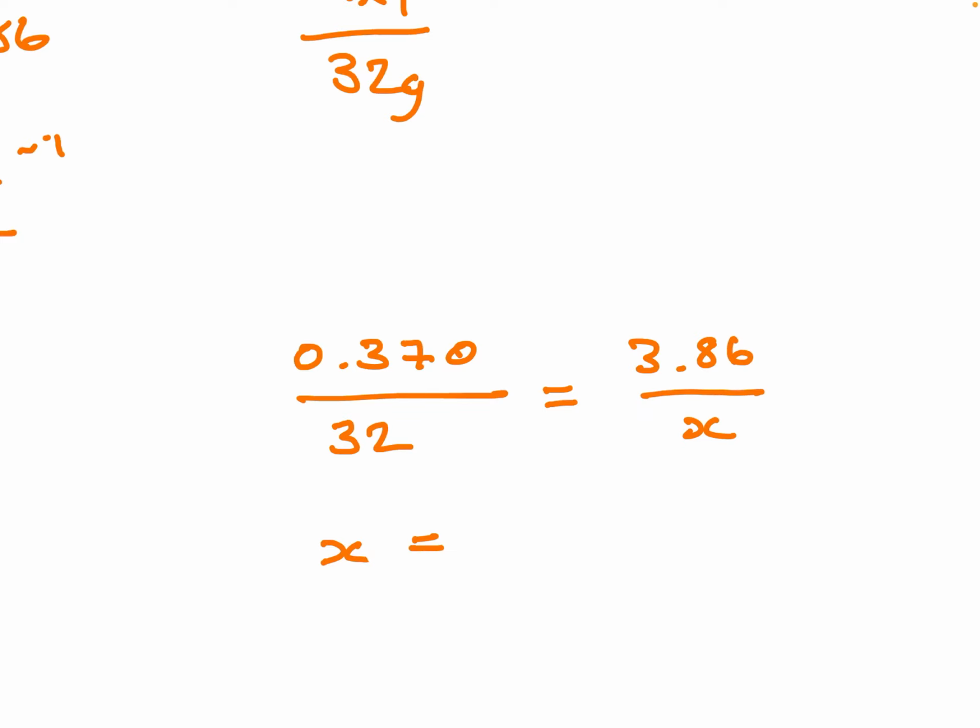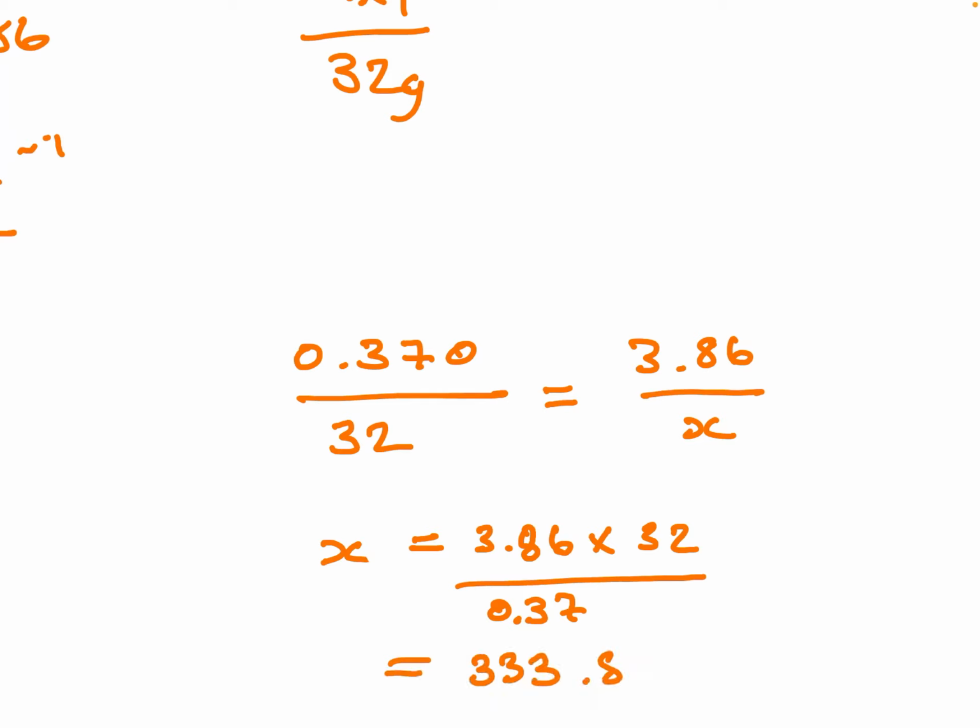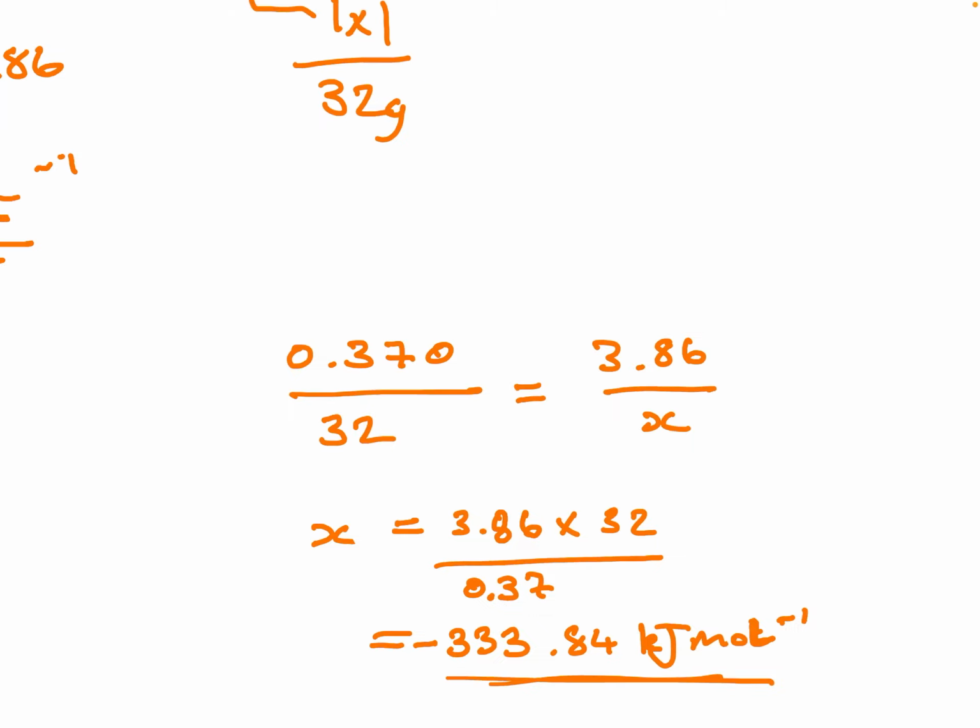So to find x, we're going to rearrange these, and that's going to be 3.86 times by 32 divided by 0.37, and that should work out to be 333.84. Remember that this is exothermic, kilojoules per mole. There we go. Perfect.